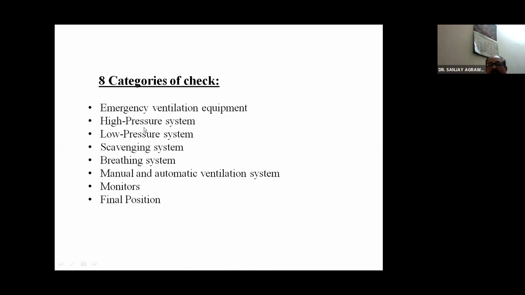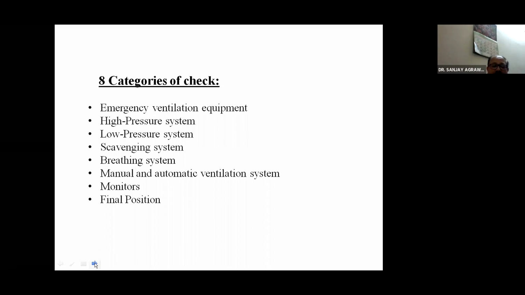That is, they check the high pressure system, the low pressure system, the scavenging system, the breathing system, the manual and automatic ventilation system, and the monitors. Apart from this, the two things we again have to see are the presence of emergency ventilation equipment and the final position that the machine is ready.